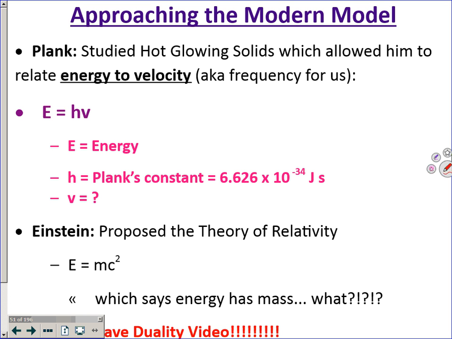All right, so we went from way back in the day, Democritus, Aristotle. Who's next? John Dalton, and then for the longest time, J.J. Thomson, plum pudding model, Rutherford, the gold foil experiment. Chadwick was like, hey, there's neutrons.